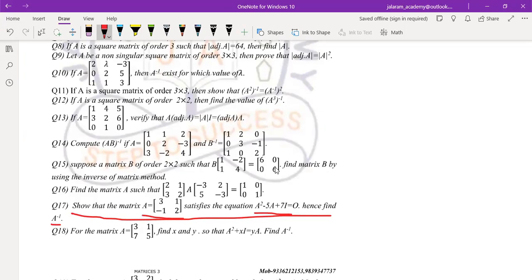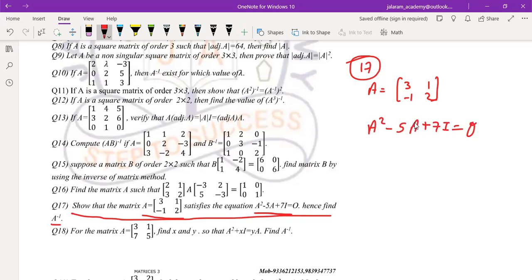In question 17, matrix A equals 3, 1, minus 1, 2, and it satisfies a matrix equation: A square minus 5A plus 7I equals O, where O means null matrix. It's a matrix equation.